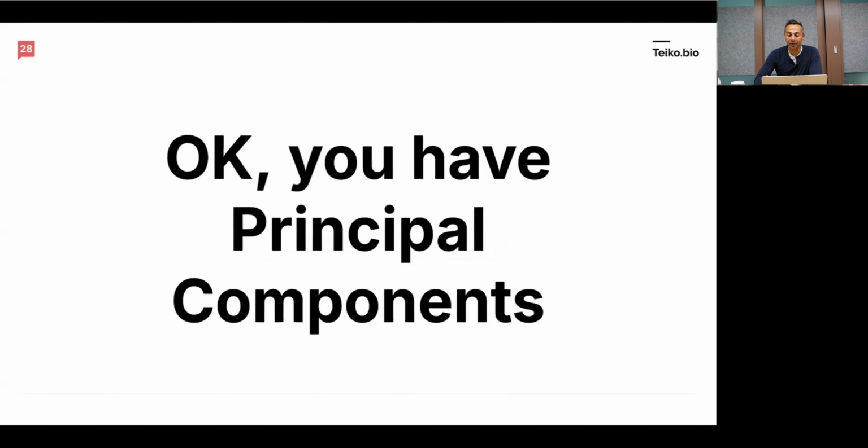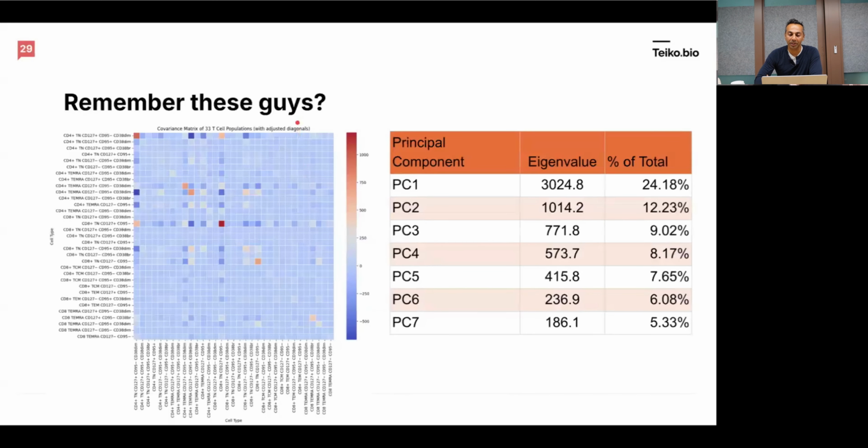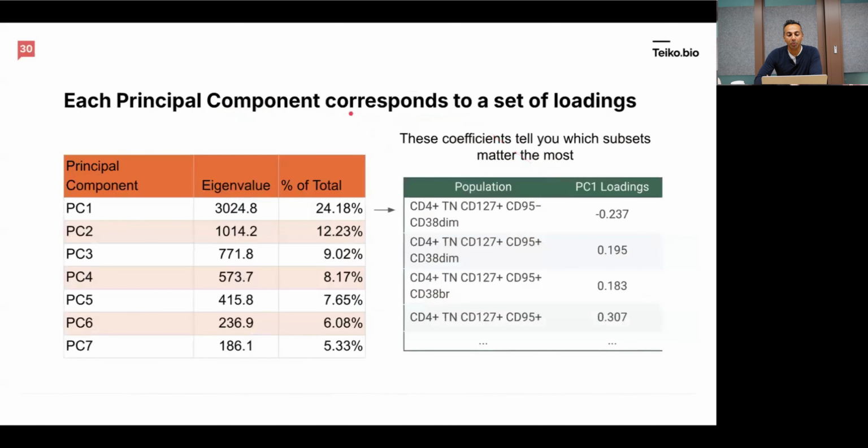Let's assume you have these principal components derived for your cytometry data set. So you've got PC1 through PC7, and you've got all these individual eigenvalues. Each principal component is going to correspond to a set of loadings. Let's take PC1 and this particular eigenvalue, and you're going to go down over here and you can see these coefficients are going to tell you which subsets matter the most. For each cellular population, you're going to see PC1 loadings: negative 0.237, 0.195, 0.183, 0.307.